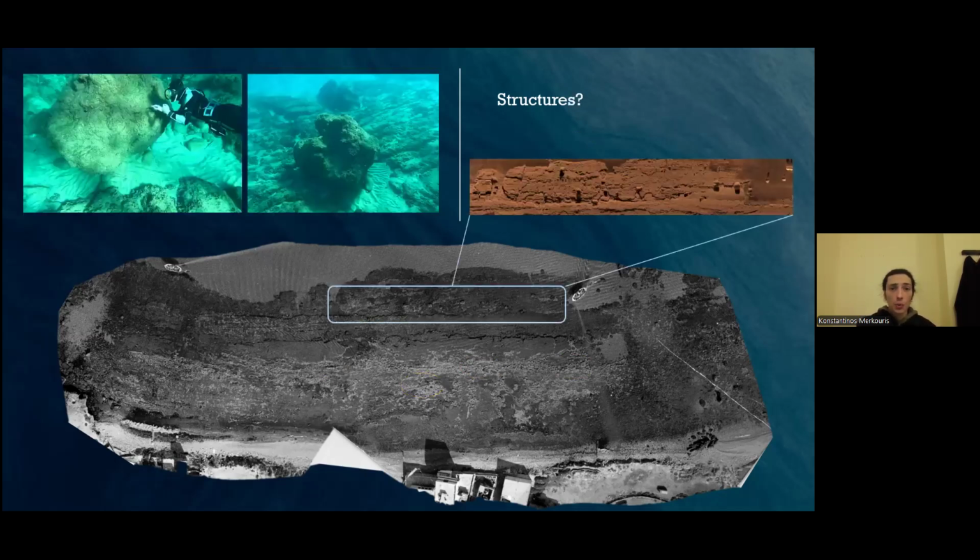In the deeper zone of sector A, at around -5 meters, there is a notable arrangement of large unworked stones. These stones are located in the central part of the beach and placed close to each other, and their position appears deliberate rather than random.